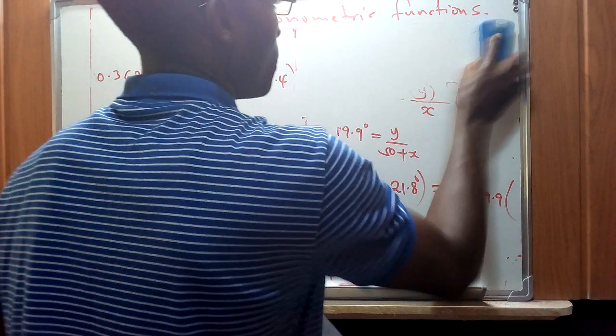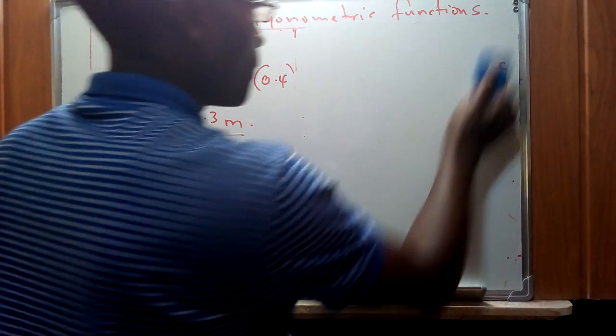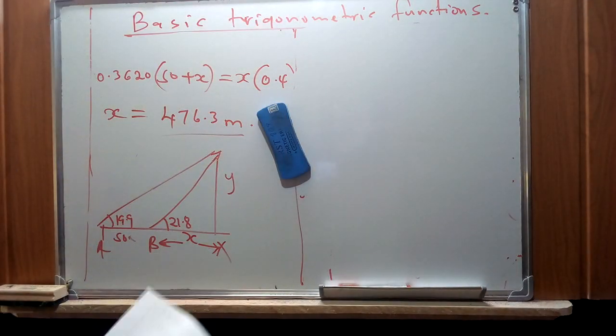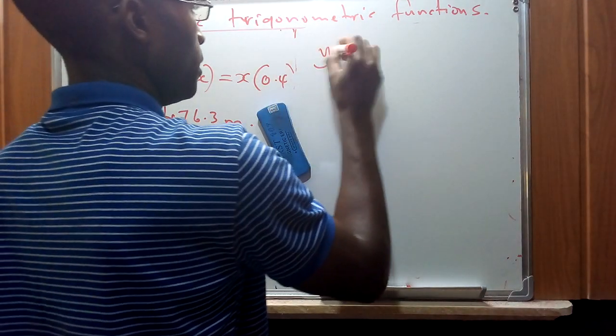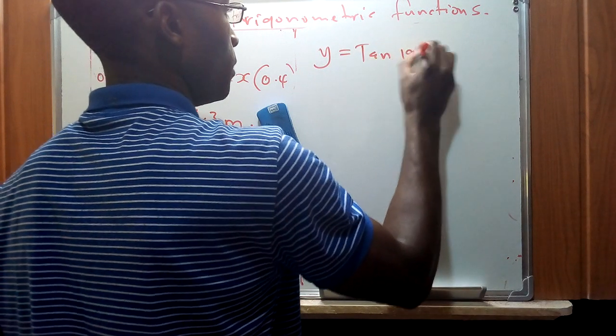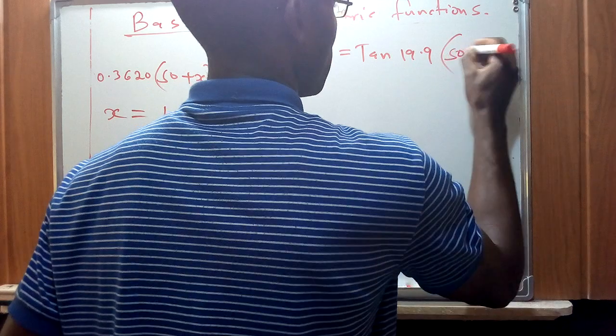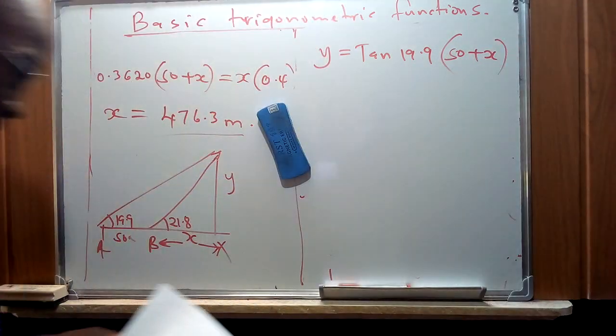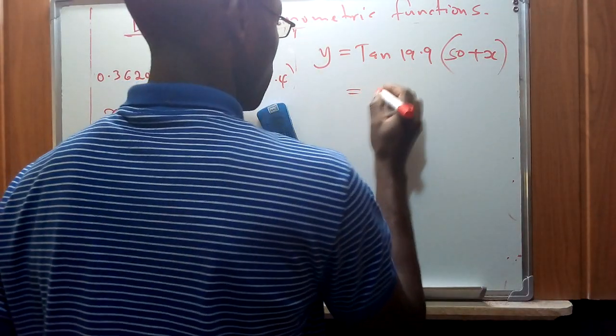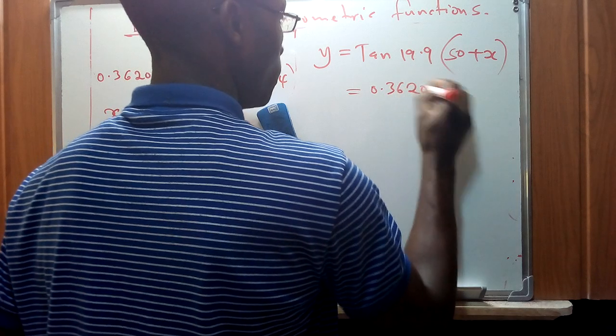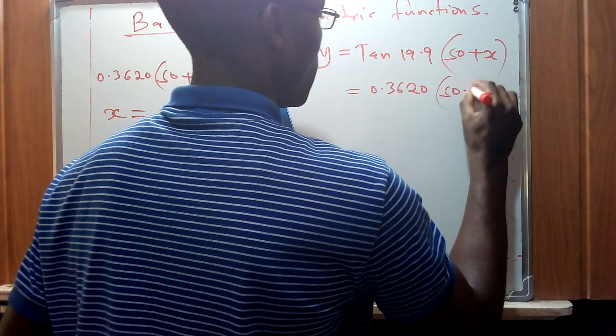For instance, we're just going to write y equals the tan of 19.9 into 50 plus x, and we have said that we can find the value for this from our tables, 0.3620, 50 plus x.